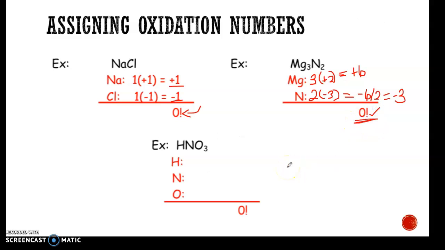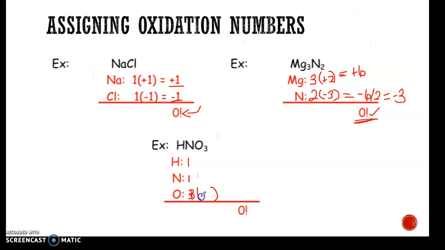So let's try another one out. So over here we have hydrogen, which we have 1 of, nitrogen we have 1 of, and oxygen we have 1 of. All of the gens. And oh, not oxygen. Oxygen we have 3 of. Sorry. So I know that oxygen's oxidation state is -2.